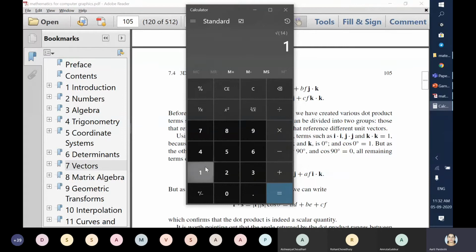Now 1 divided by under root of 14. Oh, it's taking 14, I said under root of 14. Wait.